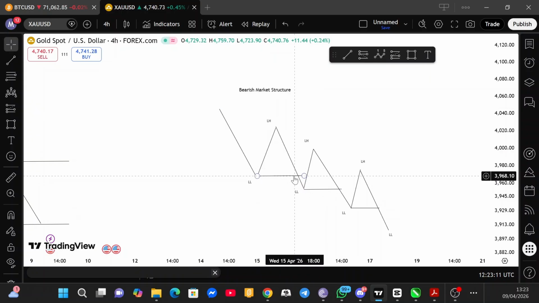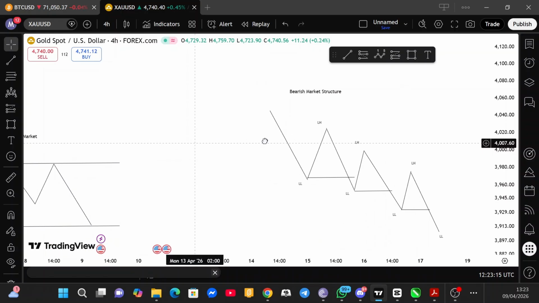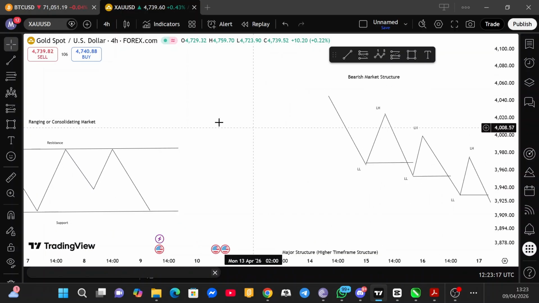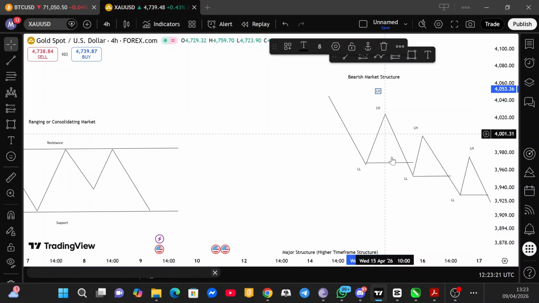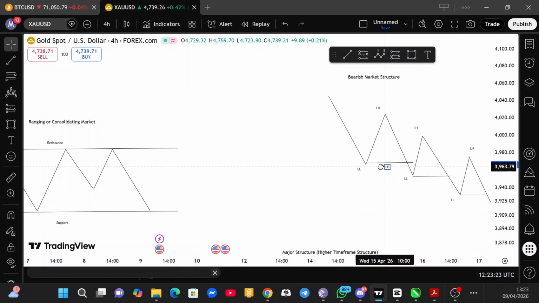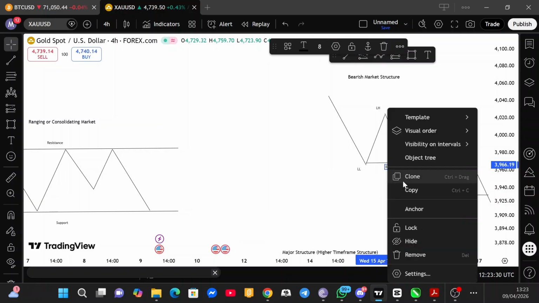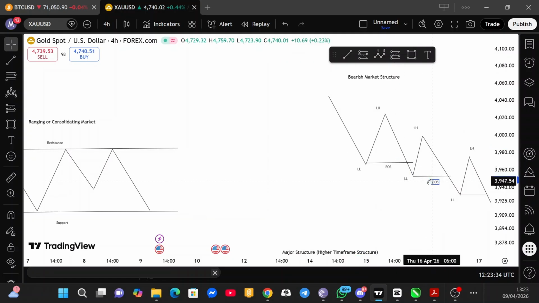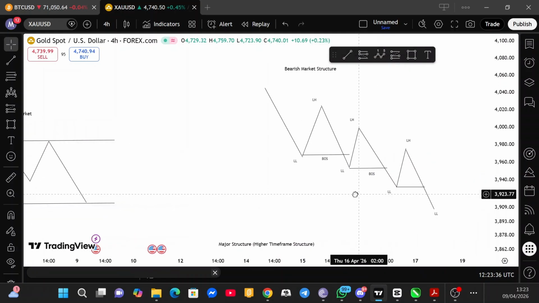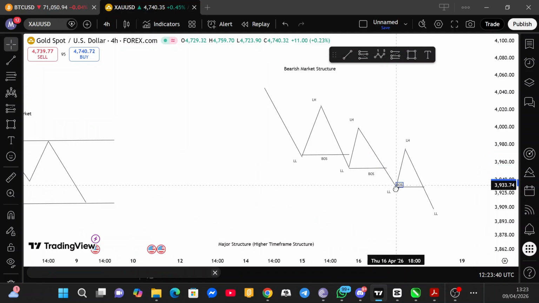This keeps validating that the market is still bearish. Let me label this the same way we labeled it in the bullish market. We call this our BOS, break of structure, and then break of structure.